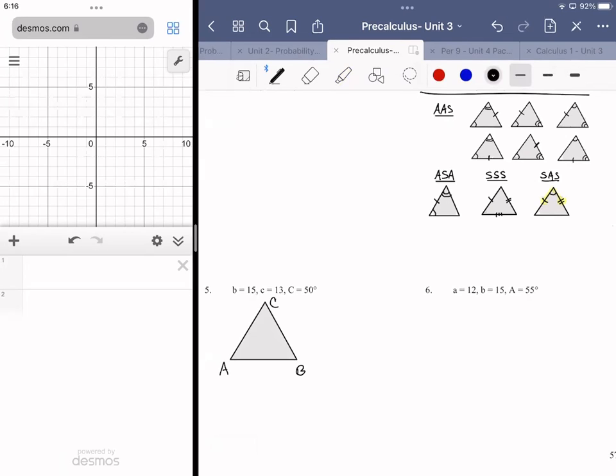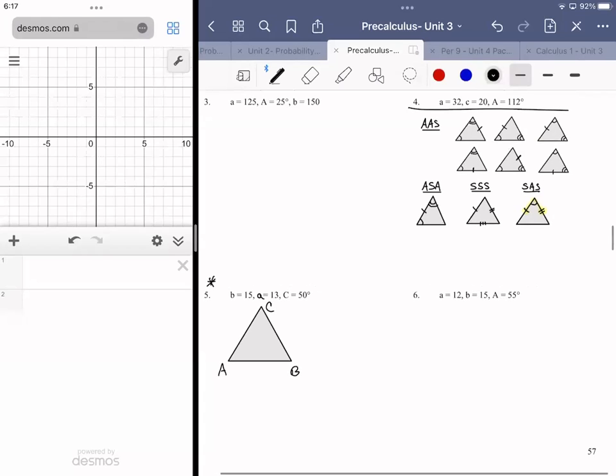So I'm going to say instead of side C, I'm going to say that that's side A. All right, so I'm making a change to number 5. Sounds like a delivery. All right. And let me just bring this stuff down here so I can point to it.